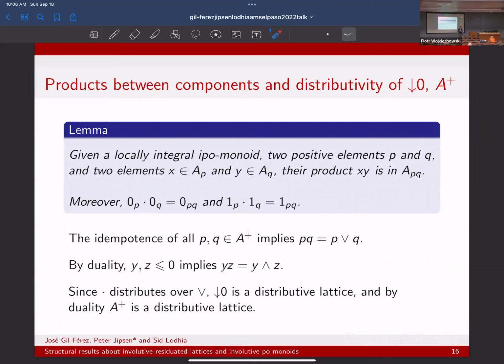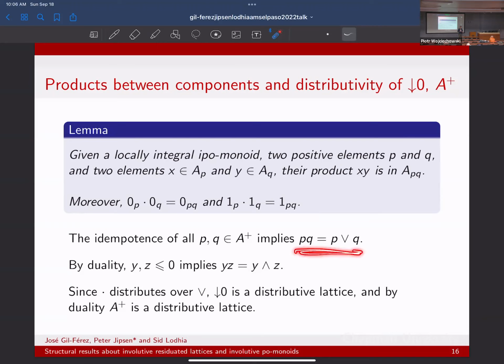Products between components and distributivity are handled here in this lemma. Given a locally integral IPO monoid, if you have two positive elements P and Q, and two other elements X in A_P and Y in A_Q, then the product will be in A_PQ, where P times Q is computed in the big algebra. So the product in the positive cone tells you how that works.